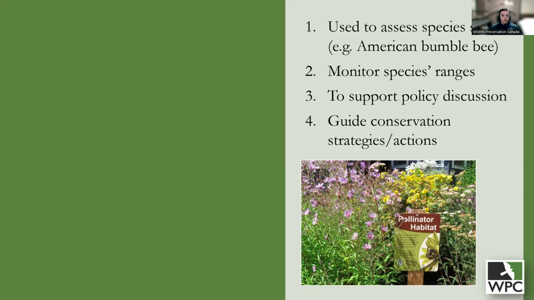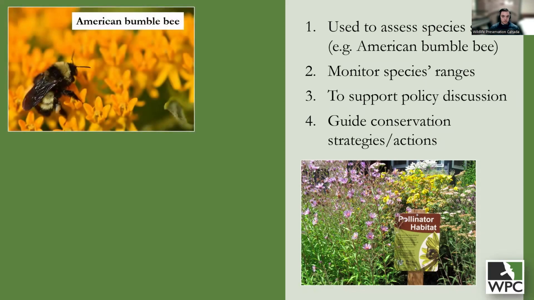So by using Bumblebee Watch, we're helping experts help bumblebees. I mentioned they're used in species assessments, and I'll use an example here. The American bumblebee I mentioned prior was assessed as special concern here in Canada back in 2018 before being listed in 2023.